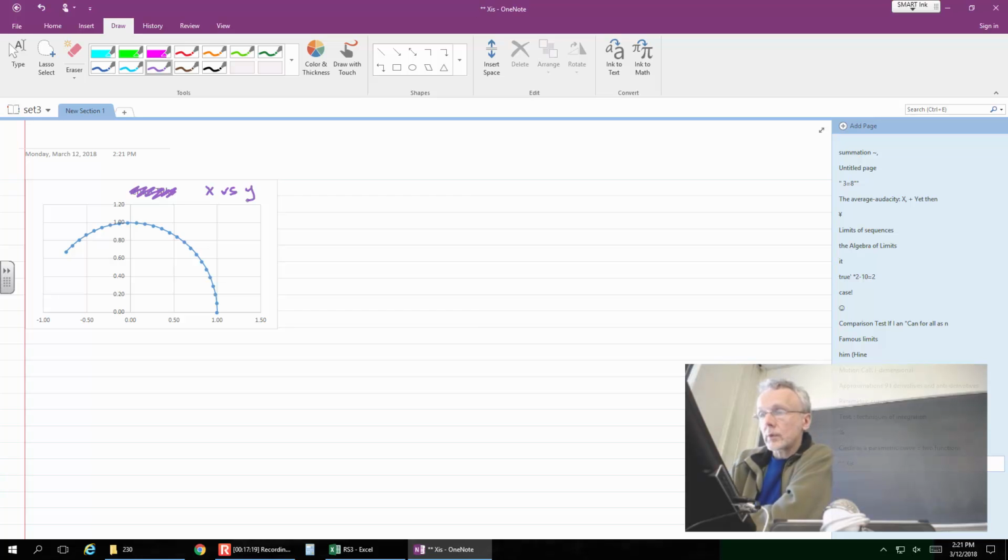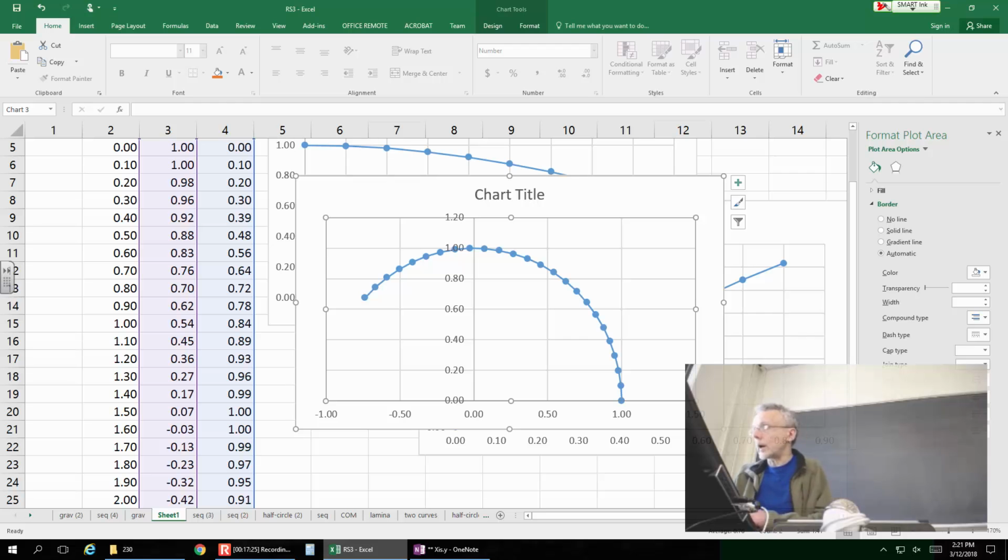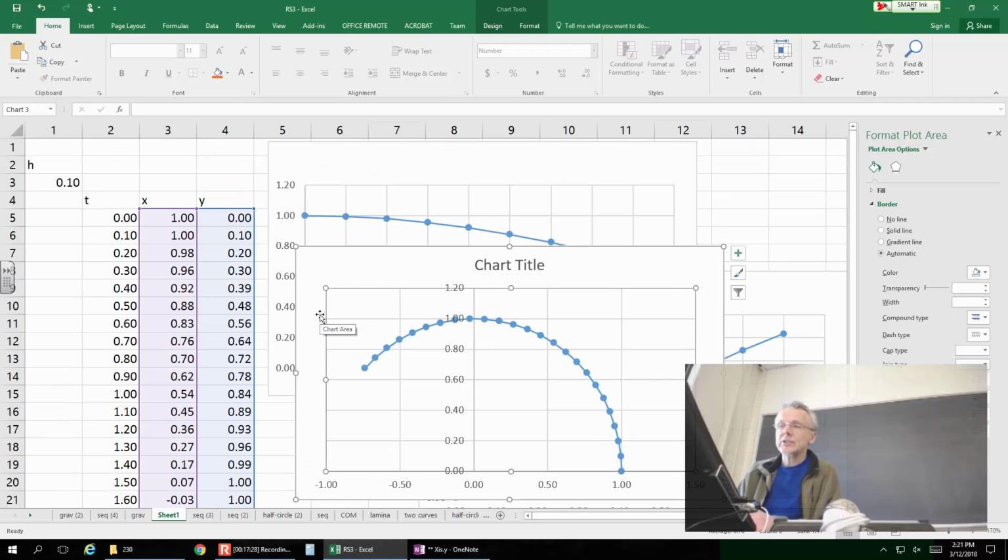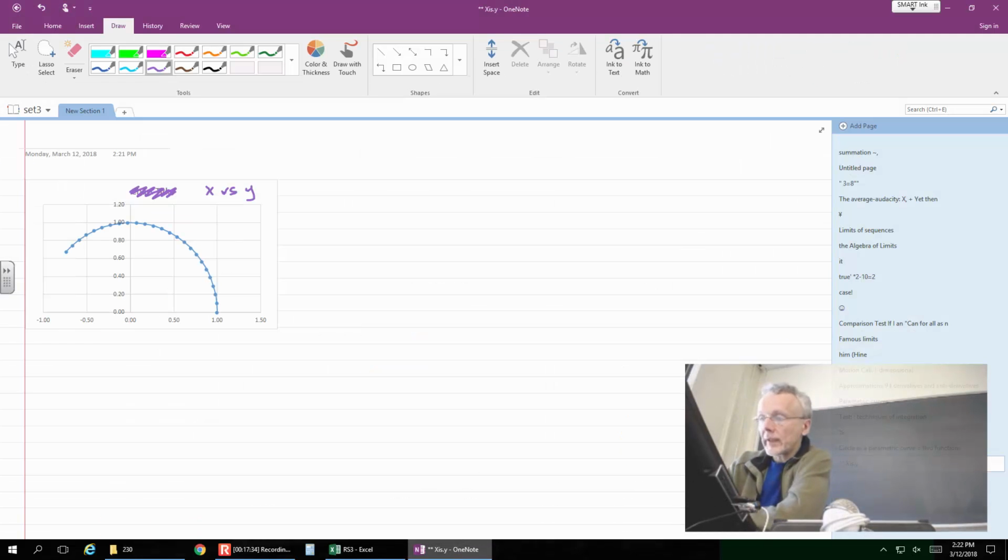X versus y is what is being plotted, so there is no t. Now, if I look back at my spreadsheet, I can see how t changes at 0.1 at a time. So if I want to put labels, this is how I put labels: t equals 0, t equals 0.1, t equals 0.2, t equals 0.3, and so on. Okay, so it's a trip.